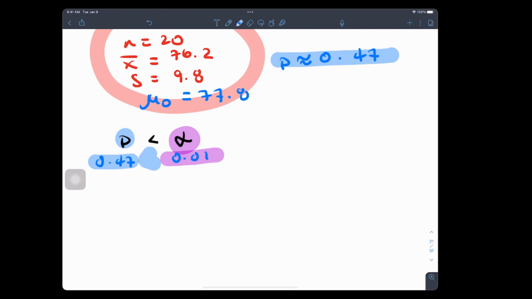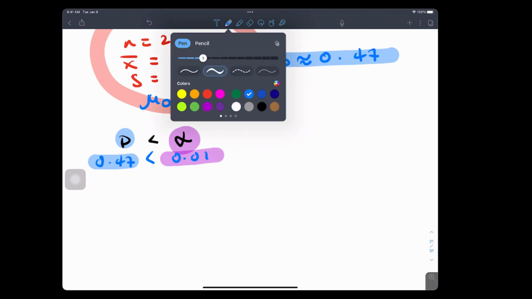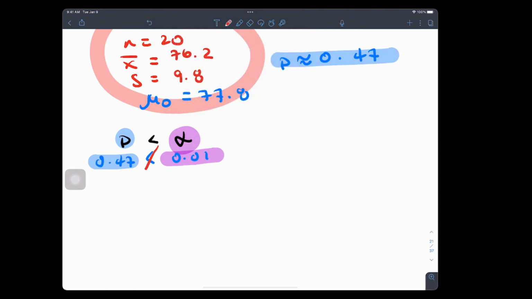So we're going to check. Is that p-value, 47 cents, less than a penny? No. What does that mean?